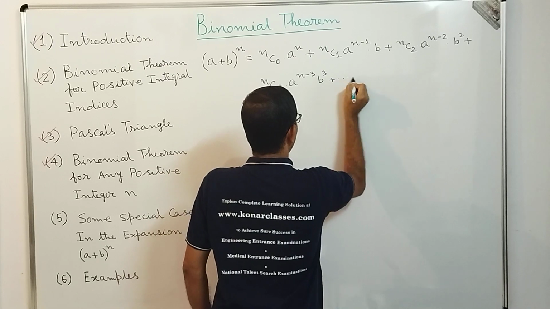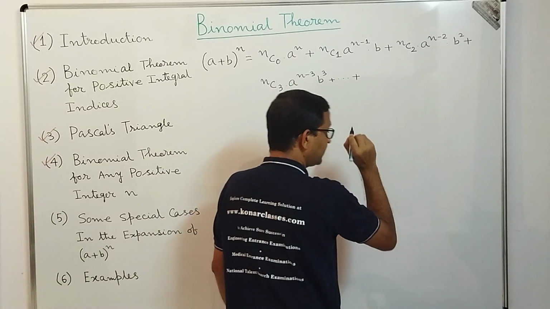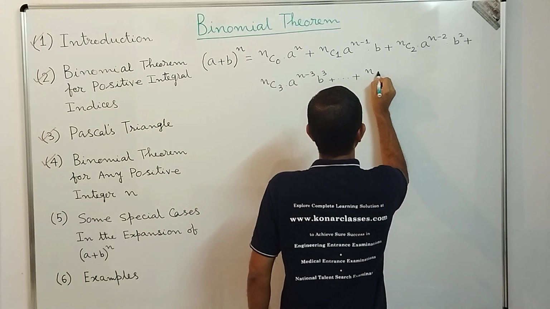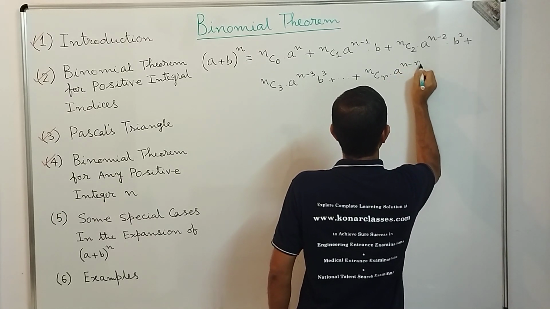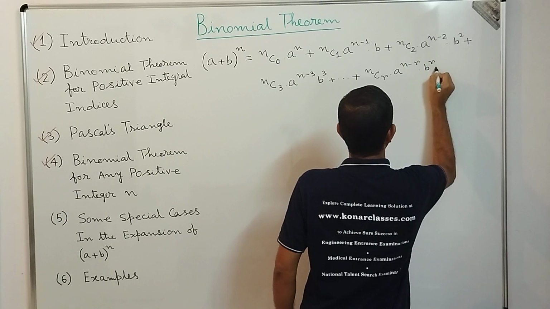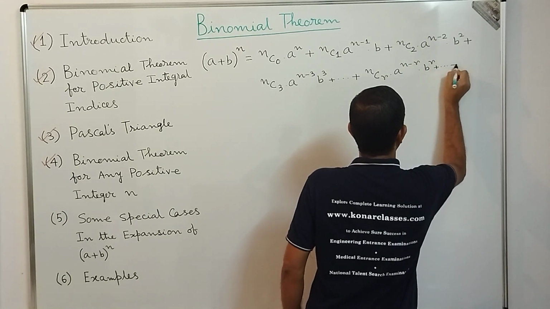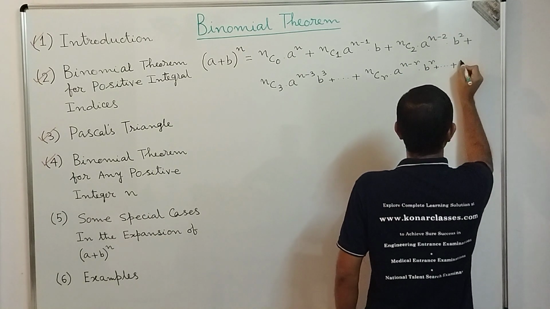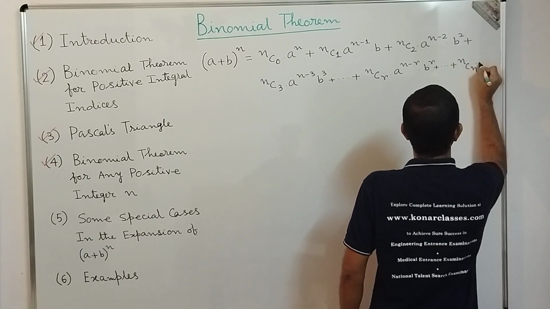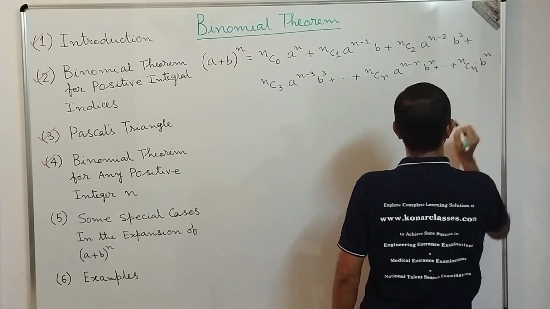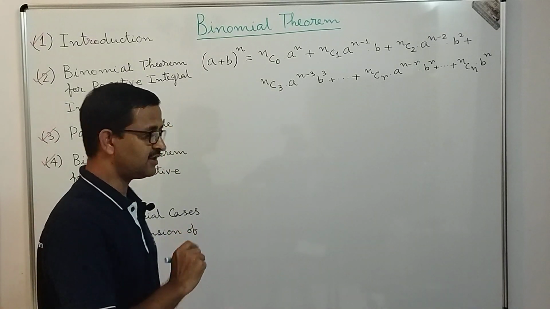In that way it will continue, and we will get the (r+1)th term as nCr a^(n-r) b^r, and continuing in the same manner, the last term, that is the (n+1)th term, as nCn b^n. Correct? So that is the formula.